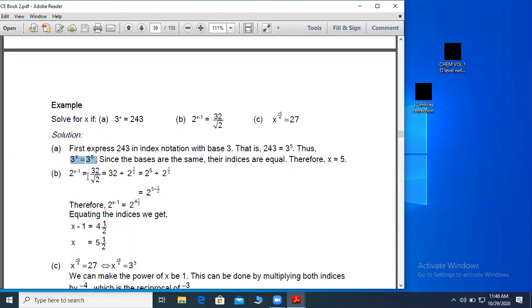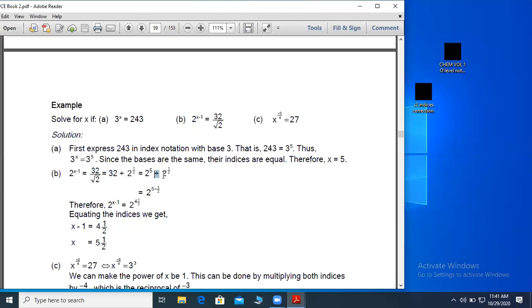So that's why we are saying 32 out of root 2 is equal to 32 divided by 2 to the power a half. 32 is 2 to the power 5.